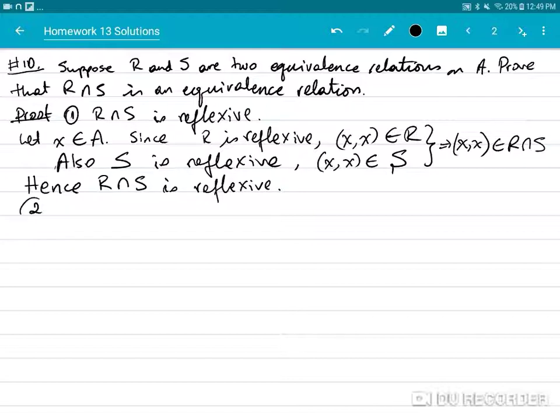All right, the second one we want to show is R intersection S is symmetric.